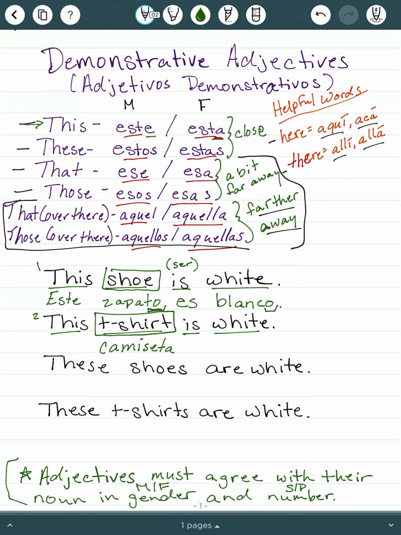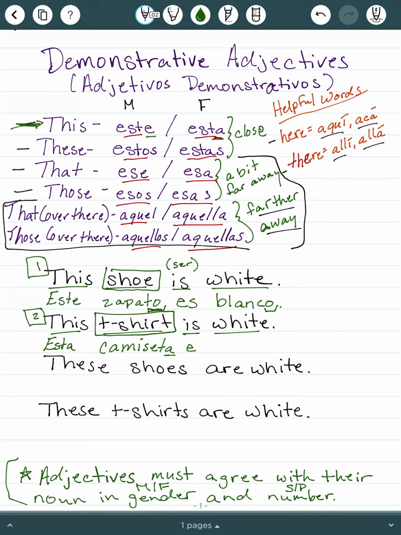So in example number 1, zapato is masculine. In number 2, it's la camiseta. It ends in an A also, so that's a bit of a hint. So to say this t-shirt, we're going to go with the feminine version of this. So we're going to say esta camiseta.